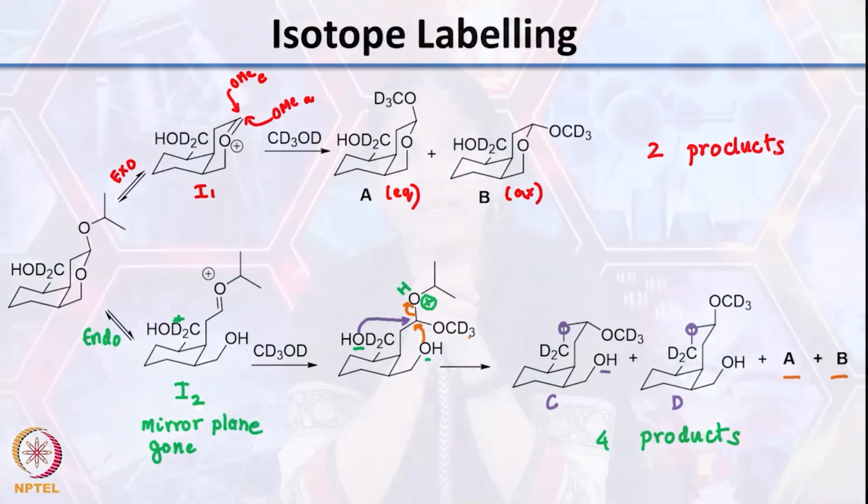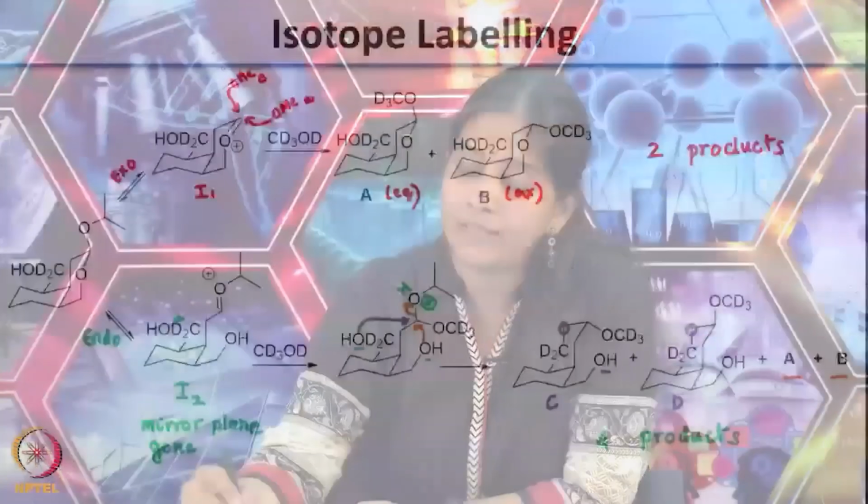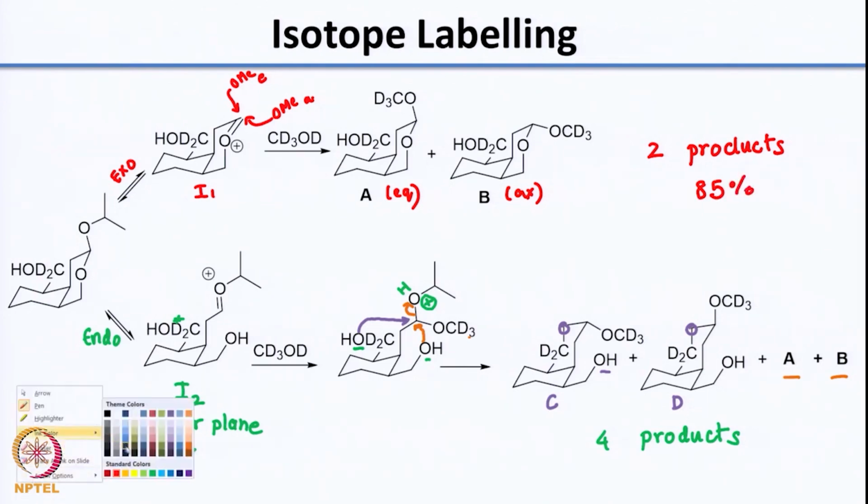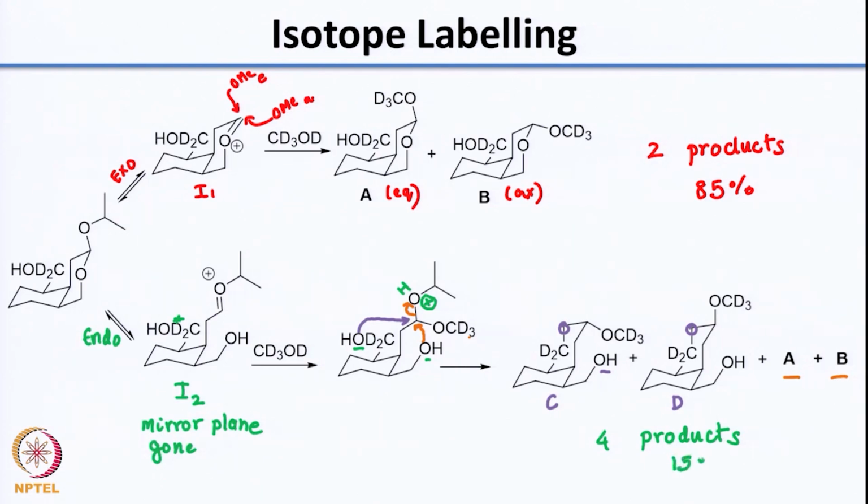Based on this analysis, what was found was that it goes predominantly by the exocyclic pathway, almost 85% of the reaction, and only 15% of it goes by the endocyclic pathway. You can do the analysis of the 4 products formed, and what was seen was that the proportion of products C and D was very small in the reaction mixture.